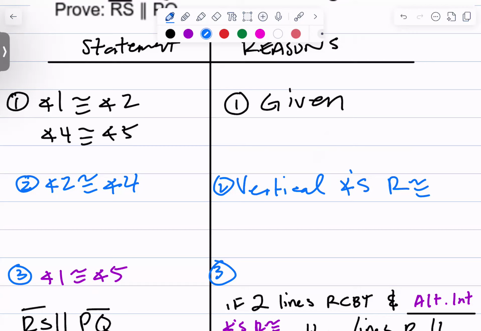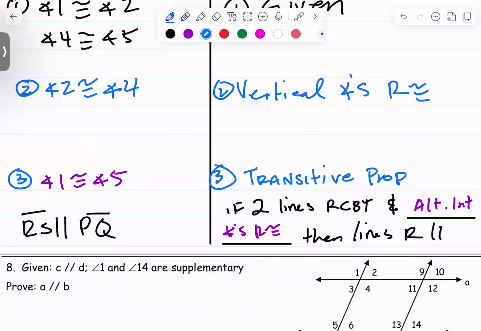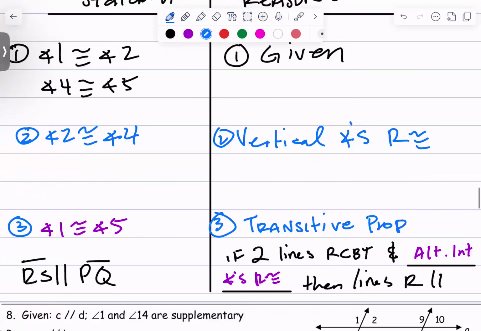Yes, the transitive property. Notice that I came to this conclusion without using the two parallel lines. But now I know that angle 1 and angle 5 are alternate interior angles and they're congruent. Therefore, the lines are parallel. Does that make sense?